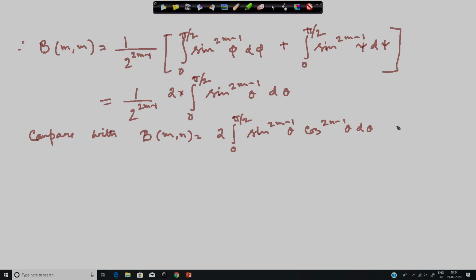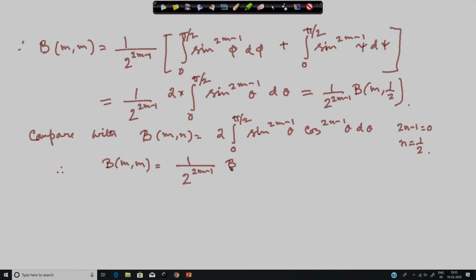You see 2n minus 1 equal to 0, so n equal to half. Therefore, I can write this as 1 by 2^(2m-1) beta(m, 1/2). So, in this way beta(m,m) and beta(m,1/2) are related. Therefore, we have obtained beta(m,m) equal to 1 by 2^(2m-1) beta(m, 1/2).